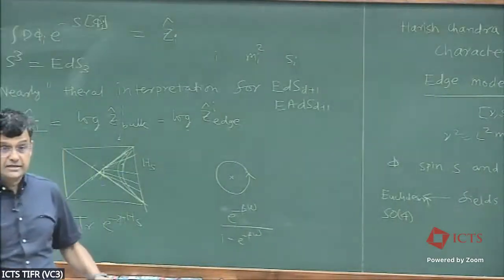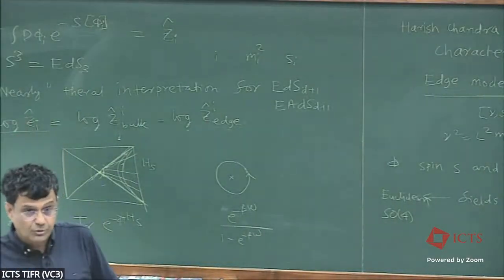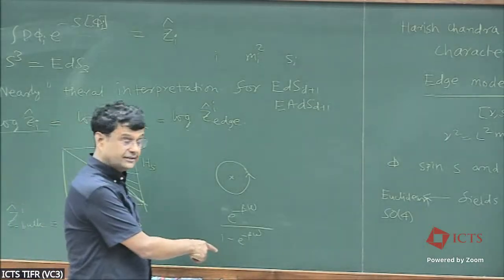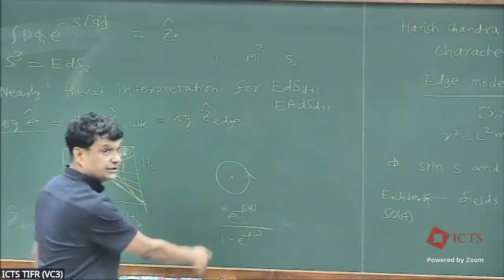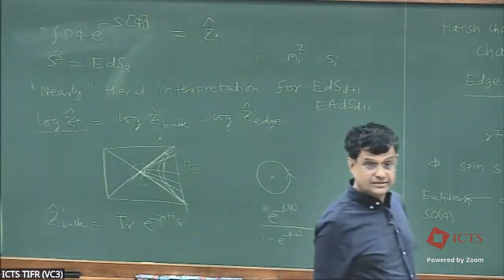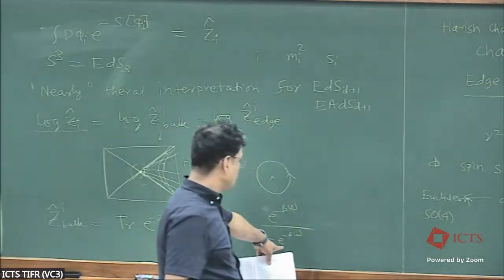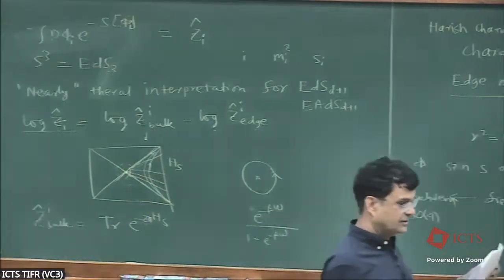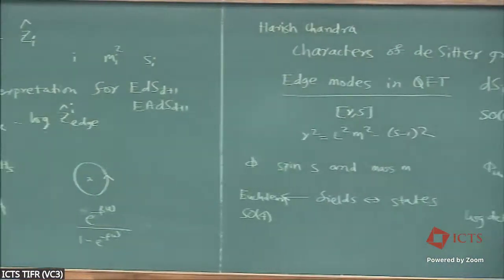And of course you have to sum over all the frequencies omega. So this is a partition function, this is a trace, and you want to take the logarithm of that, and you can do some manipulations, which I will not go into.